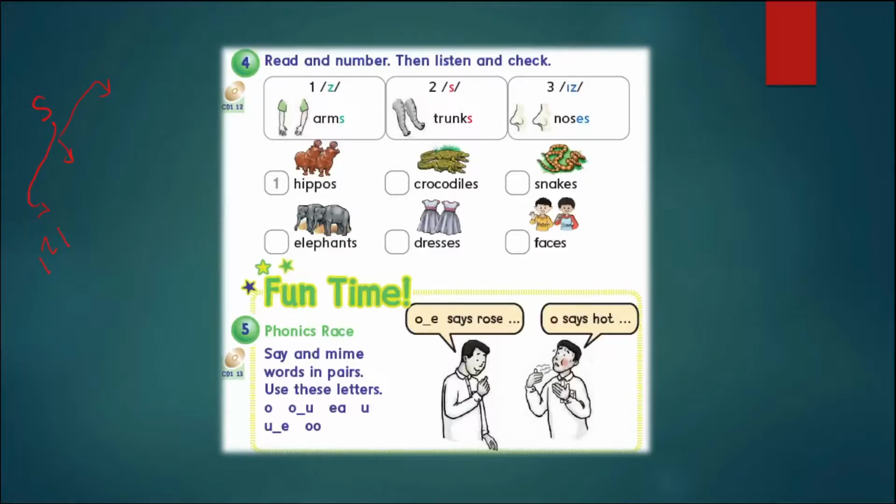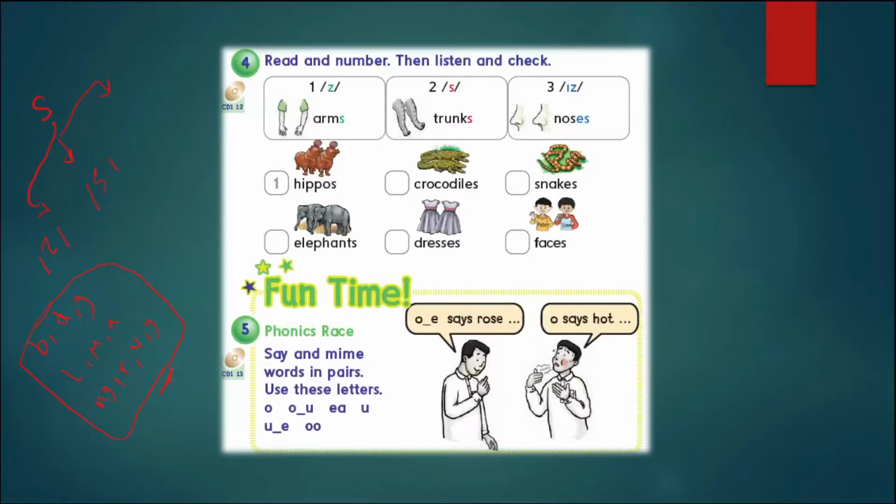We pronounce it like z if the word ends with one of these letters: b, d, g, l, m, n, r, v. If I have a word that ends with any of these letters and I add the letter S at the end, we're going to pronounce the letter S like z, okay?